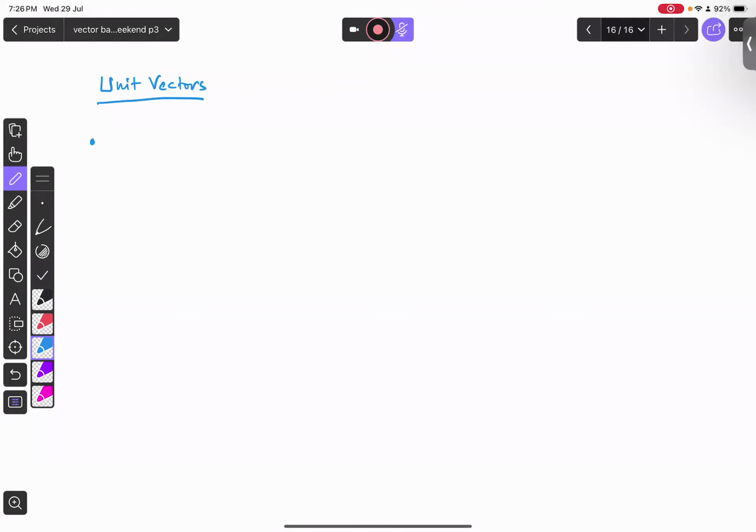The symbol we use, suppose I have a vector A which is a unit vector, then the symbol we use for such a vector is A with this caret symbol on its head, pronounced as A cap. So the length of such a vector is equal to 1. The reason we use unit vectors is for telling directions.